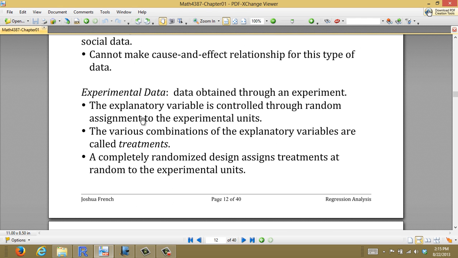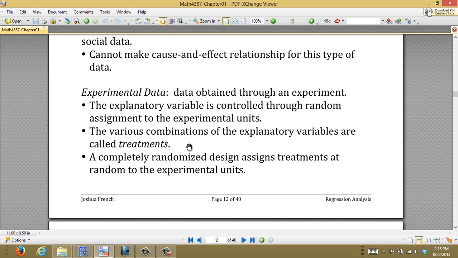On the other hand, experimental data is obtained through some sort of experiment, which means essentially that the explanatory or predictor variable was controlled through random assignment to the experimental unit. So we didn't simply observe the predictor variable. We actually dictated the value it was going to have in some way. The various combinations of the explanatory variables that each experimental unit can receive are called treatments.